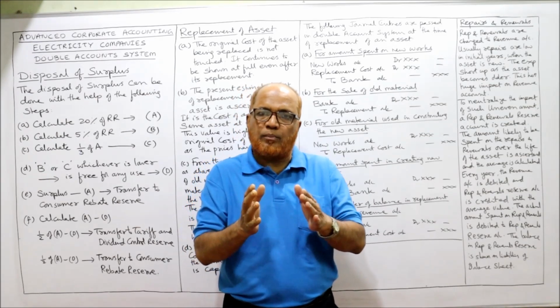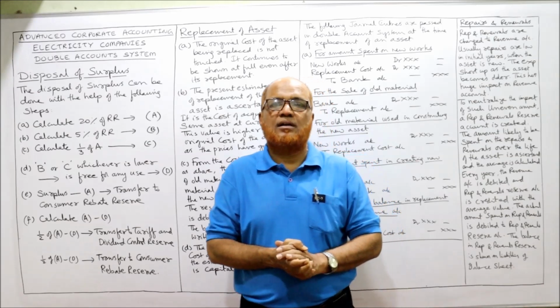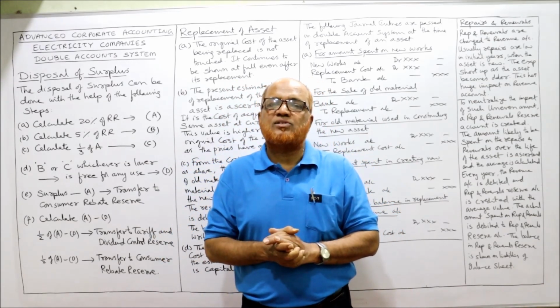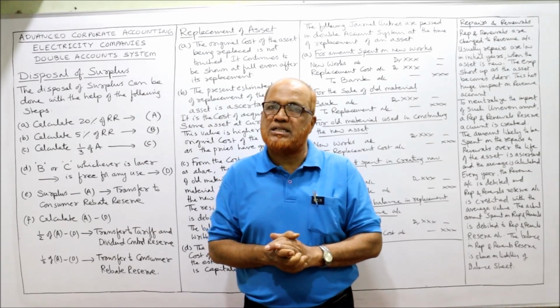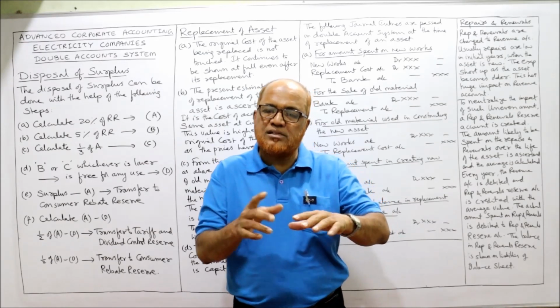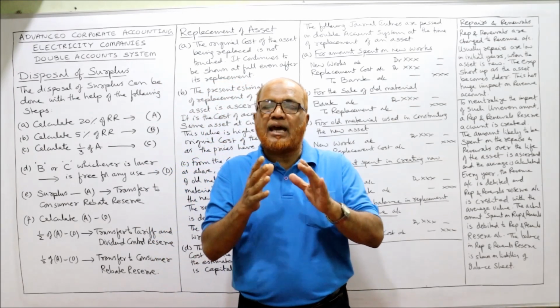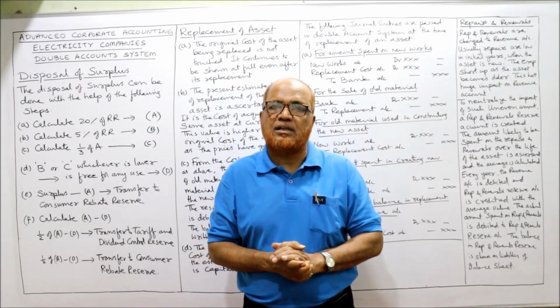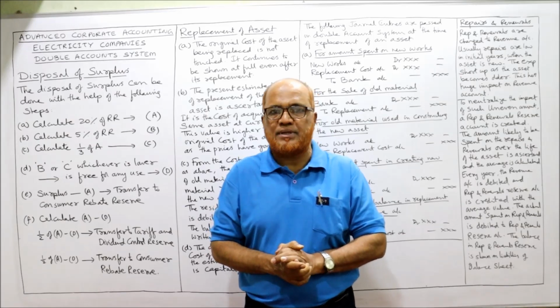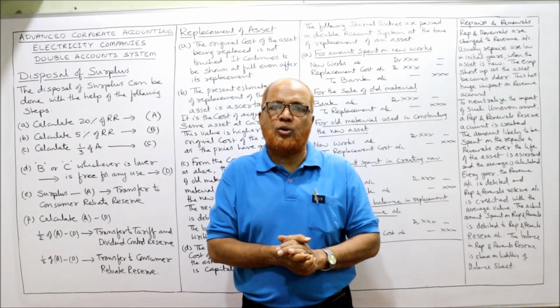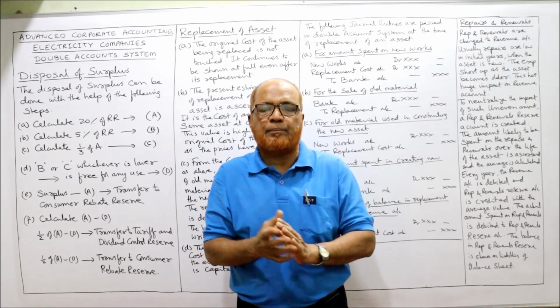We will solve a few problems also on this disposal of surplus. For finding out the disposal of surplus, first of all we need reasonable return. How to calculate reasonable return? The Electricity Act has given the procedure. Before calculating reasonable return, we need to calculate capital base. In the last video I explained how to calculate capital base.